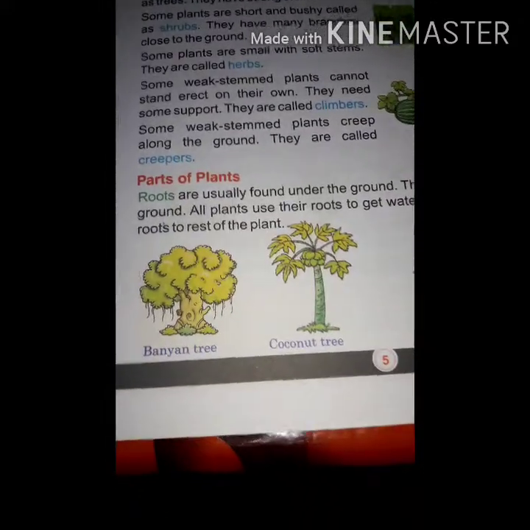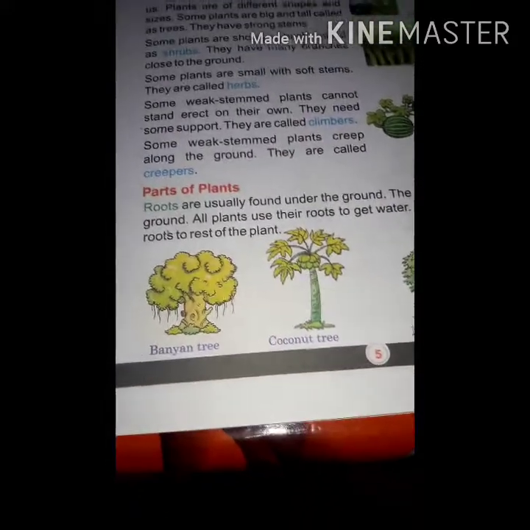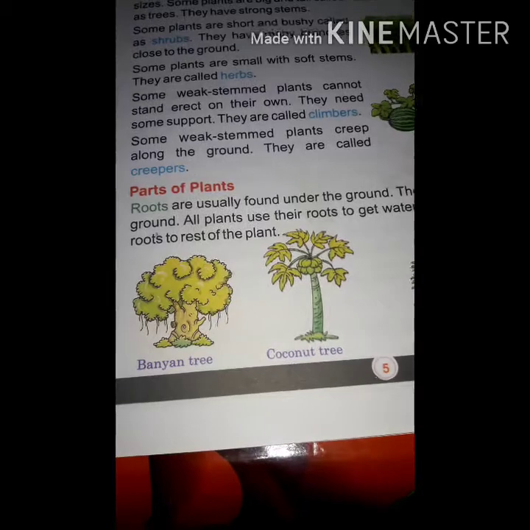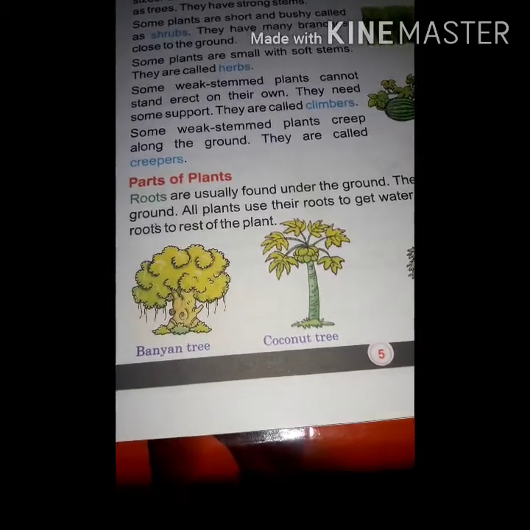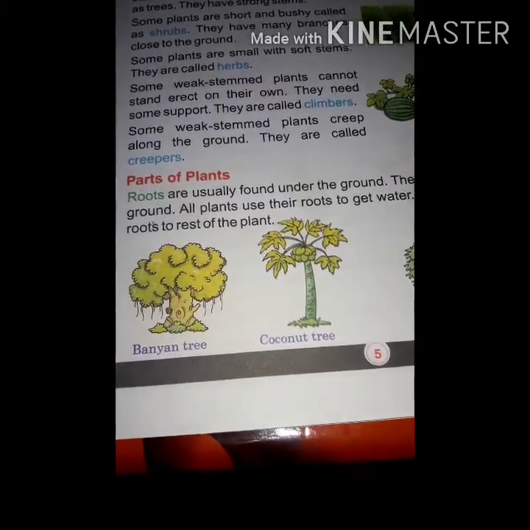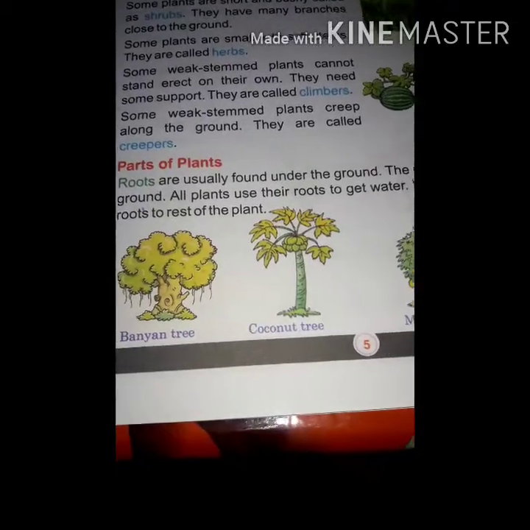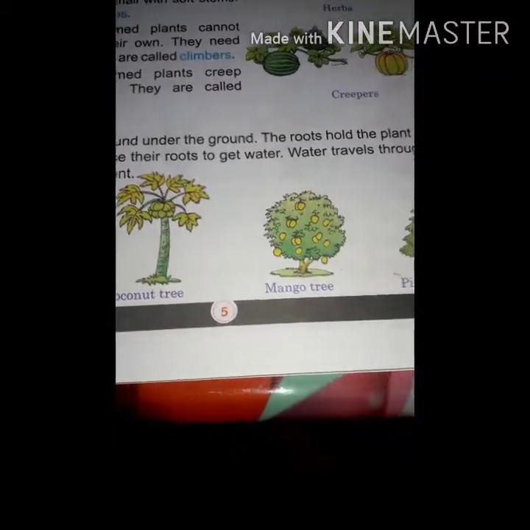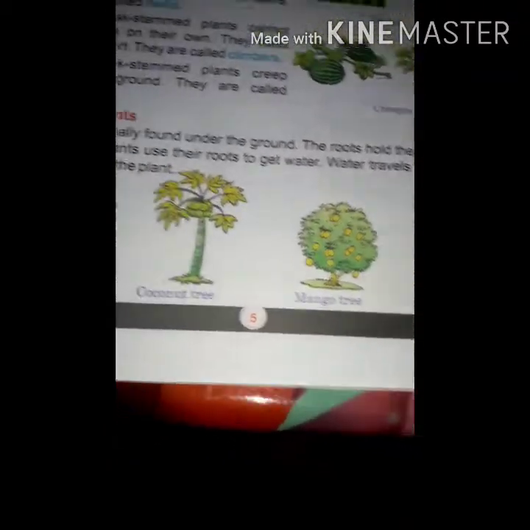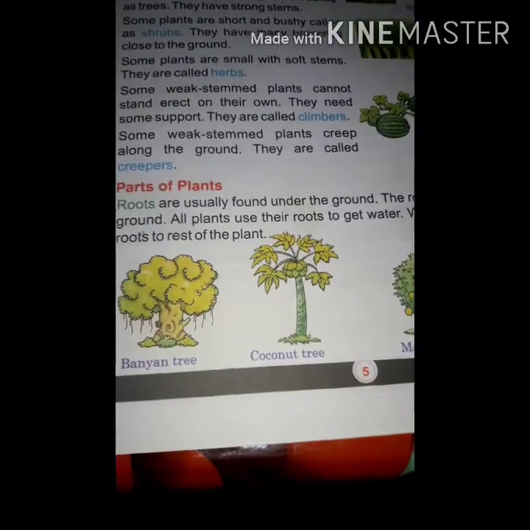Parts of plants. The next topic is parts of plants. Roots are usually found under the ground. It is clear to all of you that roots of plants are usually below the ground. The roots hold the plants in the ground.